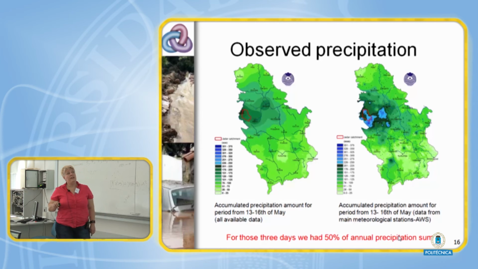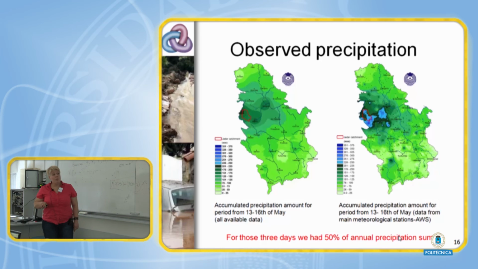But when we collected all the data, we realized that we had more than 350 millimeters of rain over these 3 days. So we were struck with precipitation that was 50% of our annual precipitation sum.